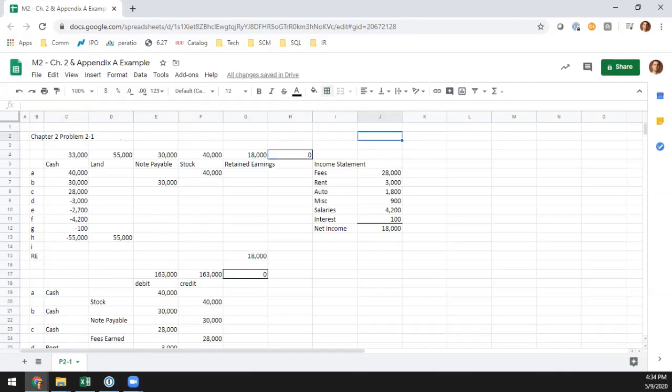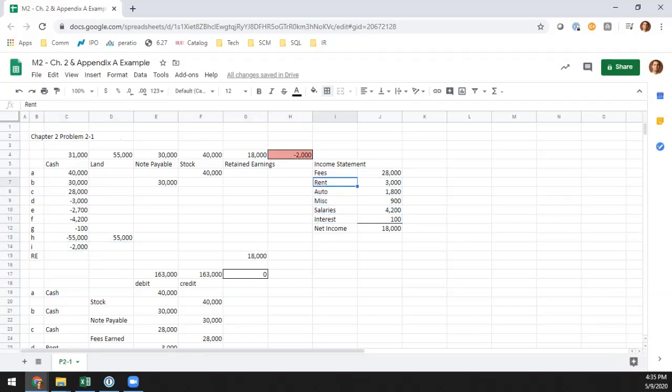Okay, paid dividends. So again, we paid for something, didn't tell us how we paid for it, so we assume that it's cash. Now, dividends are another one that's kind of confusing. A lot of times people will make the mistake of assuming a dividend comes out of the income statement.